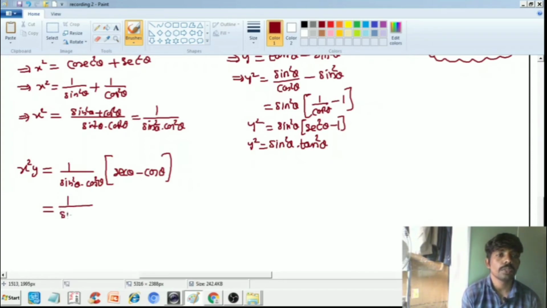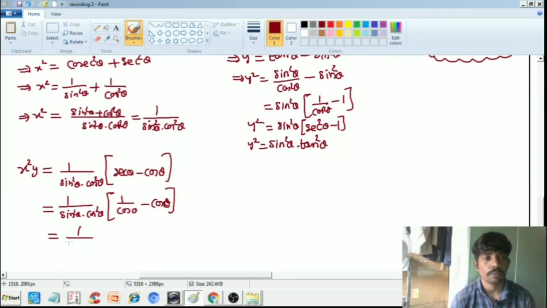First of all do the LCM inside. 1 by cos theta minus cos theta, into 1 by sin square theta into cos square theta. Next is LCM, 1 minus cos square theta by cos theta.